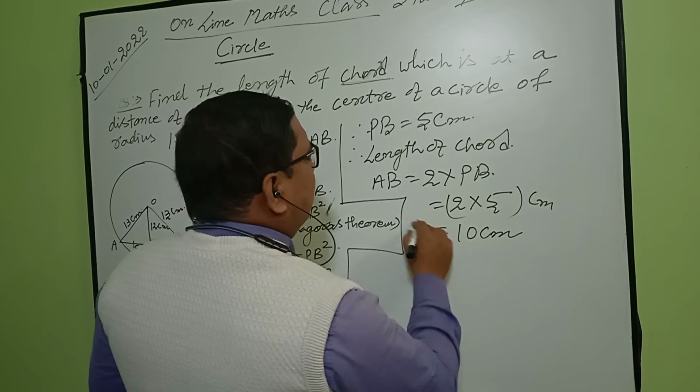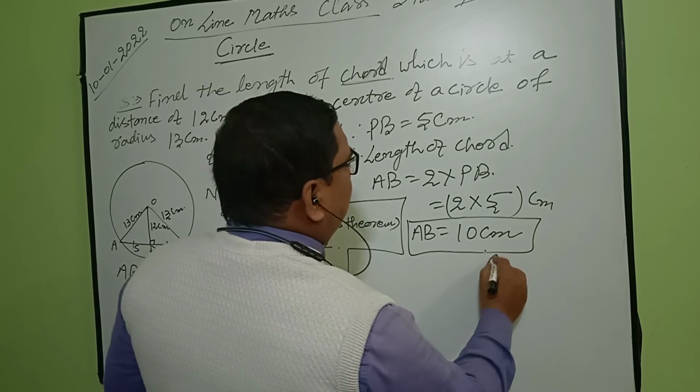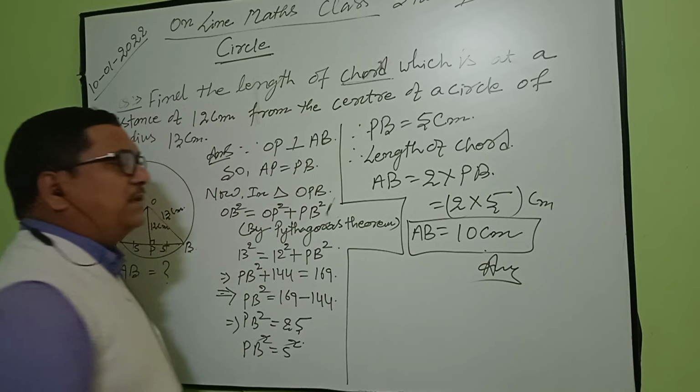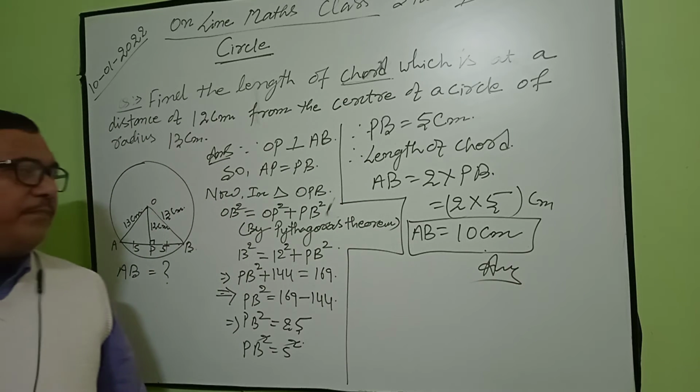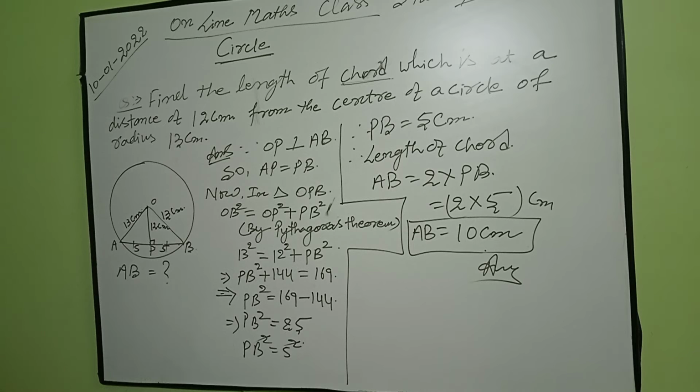AB equals 10 centimeter, right? The length of the chord is 10 centimeter.